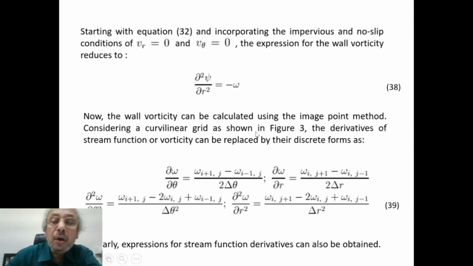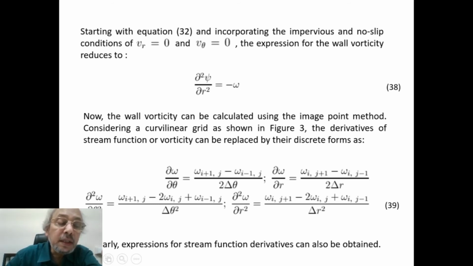So now the derivatives such as del omega del theta, simply we have applied central differencing here: omega i plus 1 j minus omega i minus 1 j divided by twice delta theta. Del omega del r, in the r direction, that means j plus 1 minus omega i j minus 1 by twice delta r.